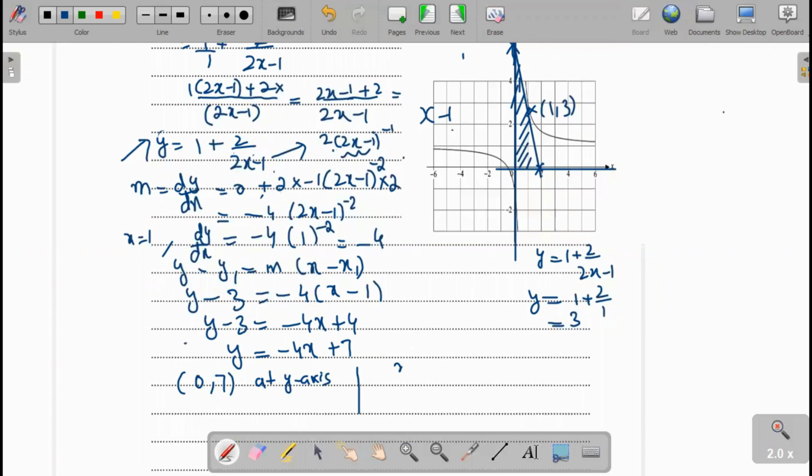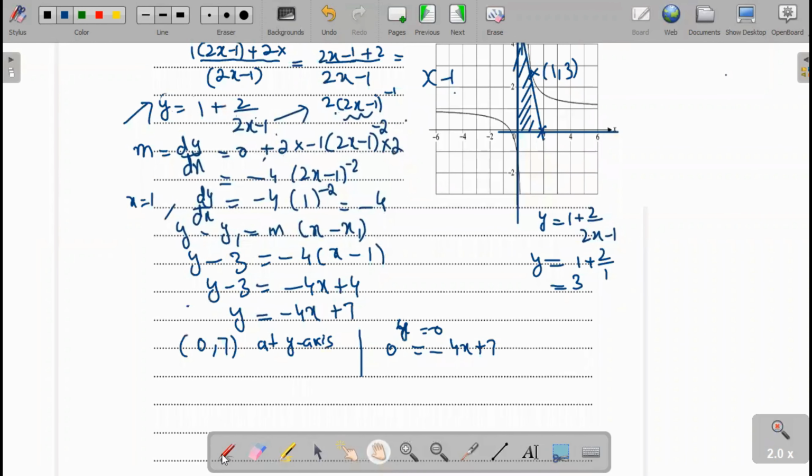When we put y equal to 0, we get 0 equal to minus 4x plus 7, so x is 7 over 4. The x-intercept is (7 over 4, 0).